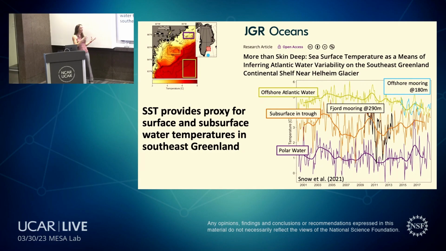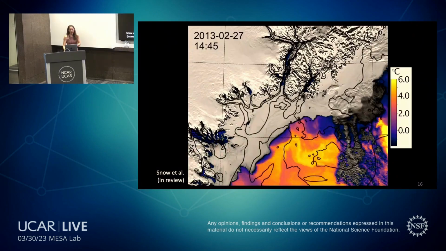And so this is important because most places, as I said, don't have field observations of temperature variability from the ocean. So we're starting to fill in those gaps and show that we could use thermal infrared to do that. And another cool thing that you can do with this remote sensing thermal data that will build upon what field observations can do is that you get much better coverage, spatially and temporally, of an entire system.